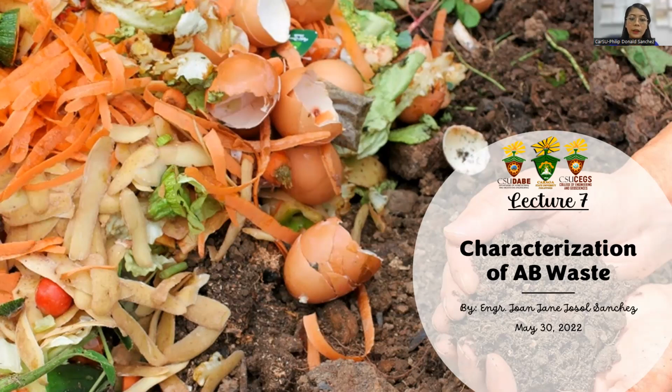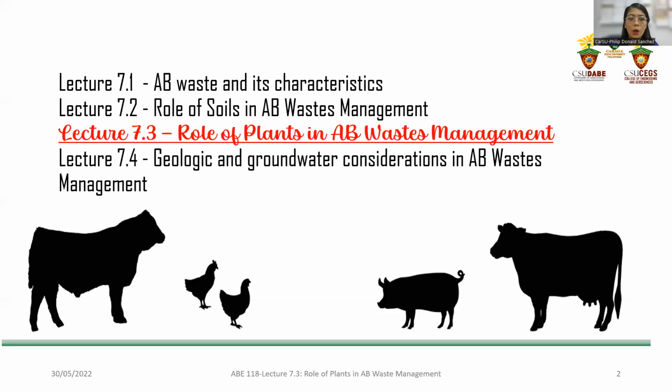So under lecture 7, characterizations of ABE waste, we have lecture 7.3, the role of plants in ABE waste management systems. So kabalo naman ta na naay mga agricultural operations na nag-produce of waste as byproducts.